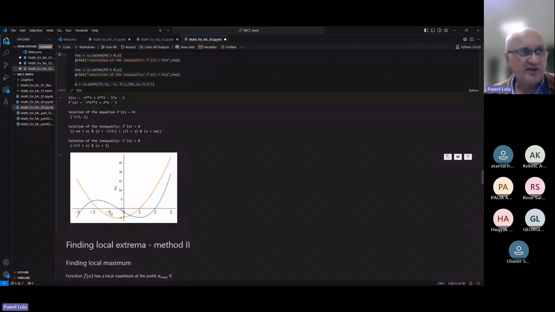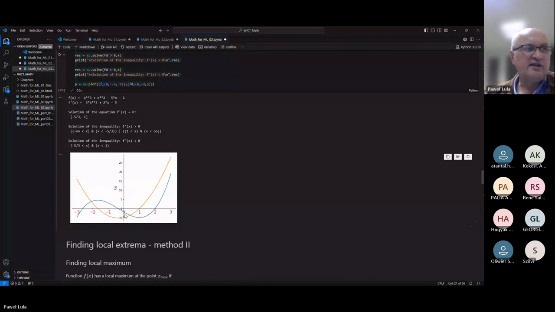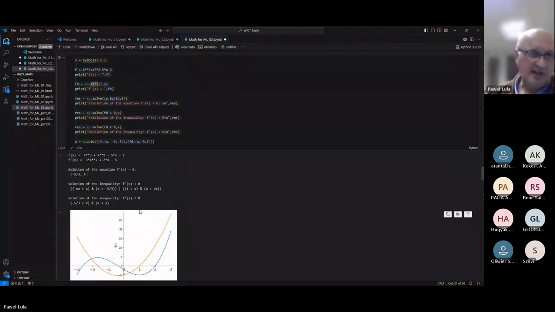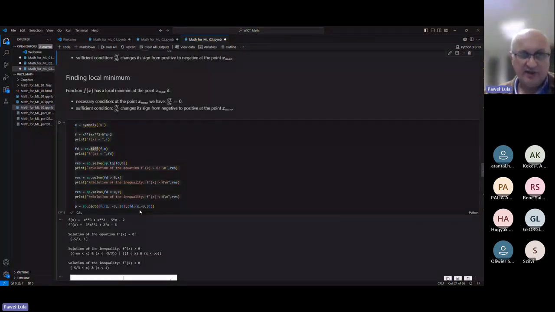Here it crosses about, I think, minus 1.7, and here at 1. So in these 2 points, minus 1.7 and 1, the first condition is fulfilled.